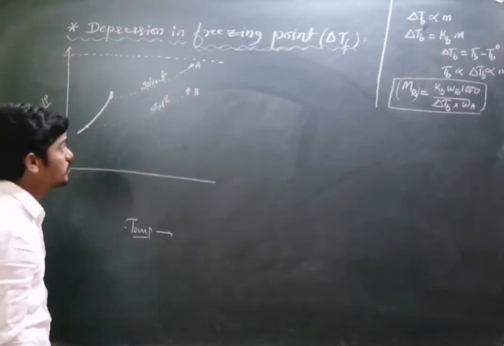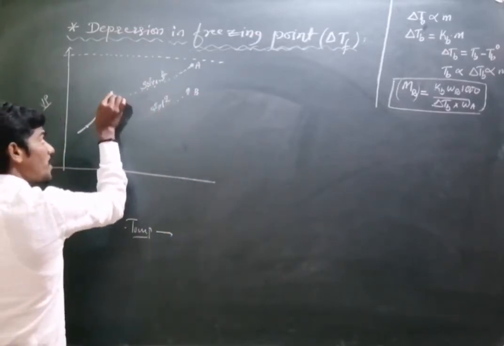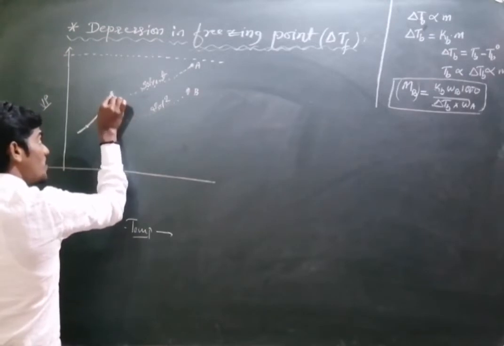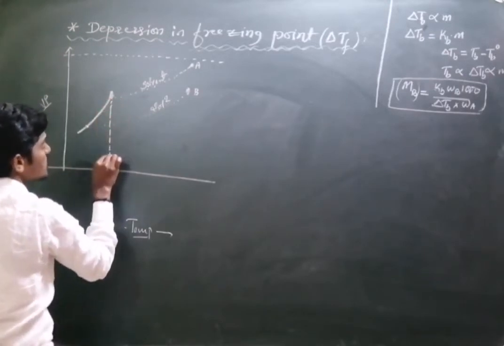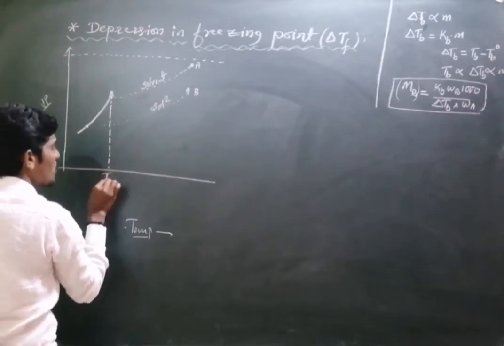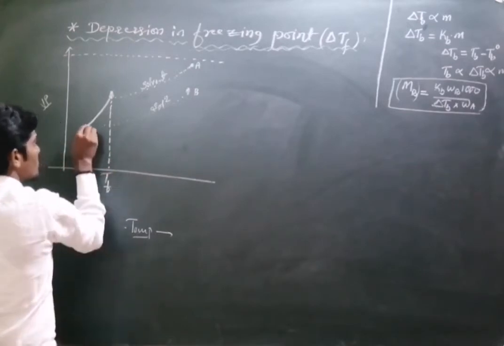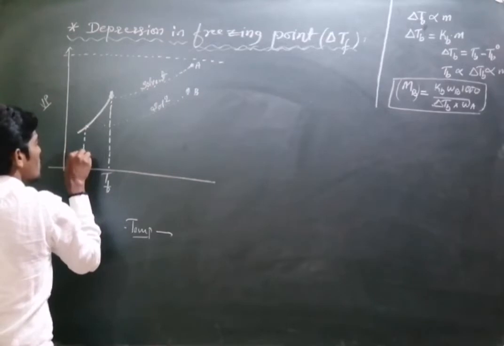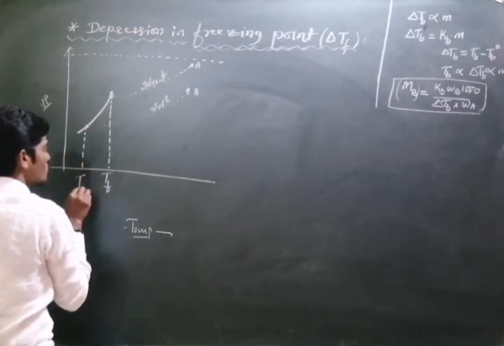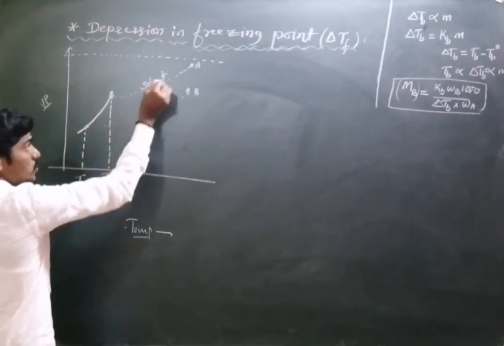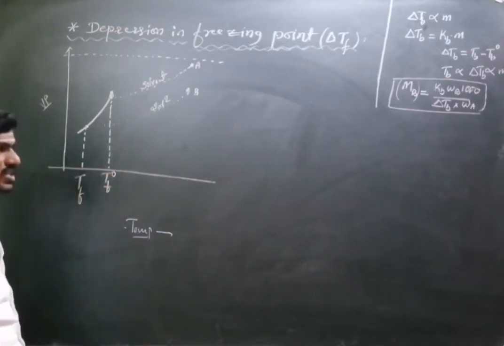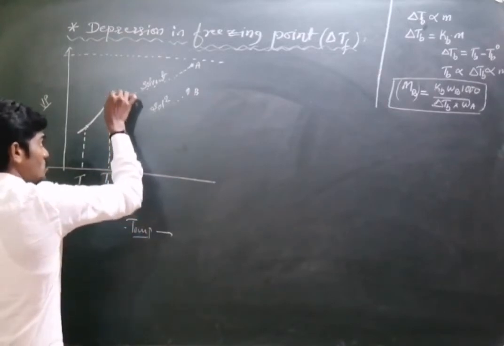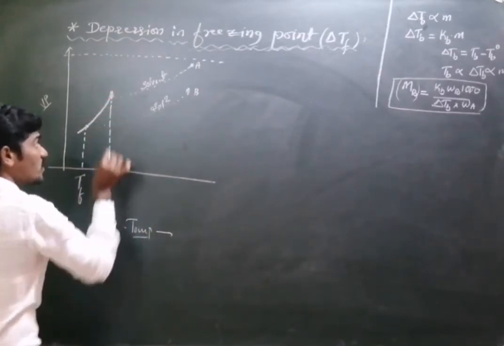Solvent and solution. The temperature corresponding to this point is known as the freezing point, one for solvent and the other for solution. Since this is for solvent, T naught F. How to define this freezing point?